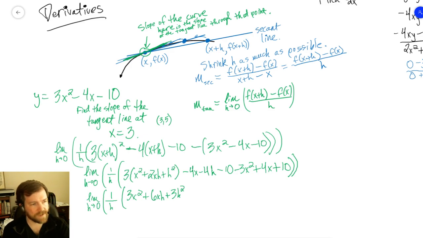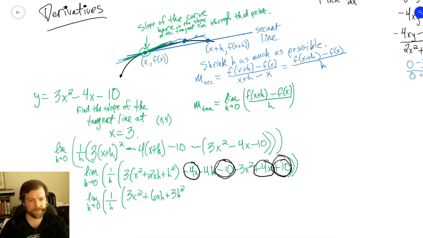Here, this is an interesting piece to note, is that we have a negative 4x here and a positive 4x here, and a negative 10 here and a positive 10 here. So with both of these terms there, this is going to become 0, and this is also going to become 0.